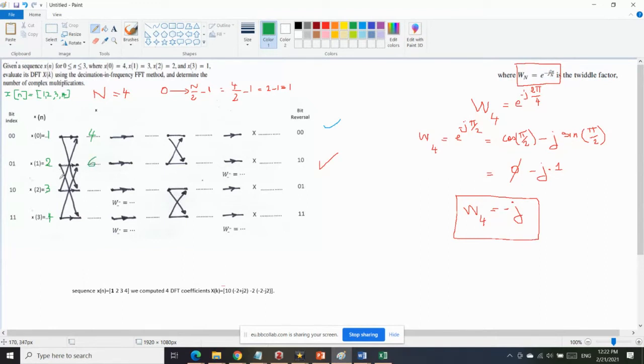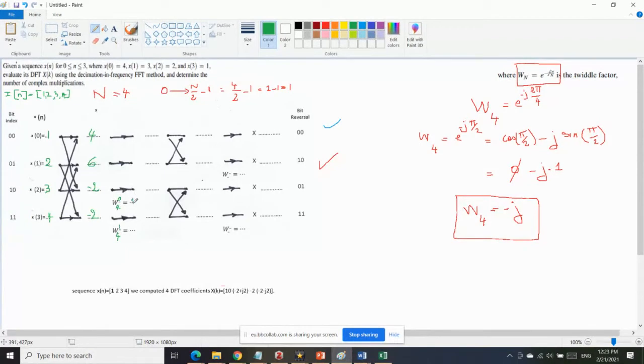Here we're gonna have, لحظة, 1 minus 3. So it's minus 2. Then 2 minus 4, minus 2. Okay, then what is W? Wn هو نفسه minus J. So هذا to the power of 0, هذا to the power of 1.